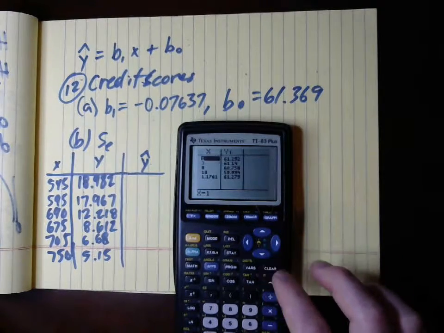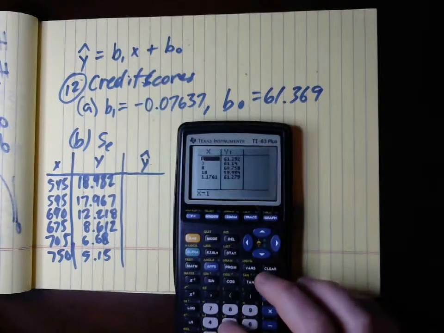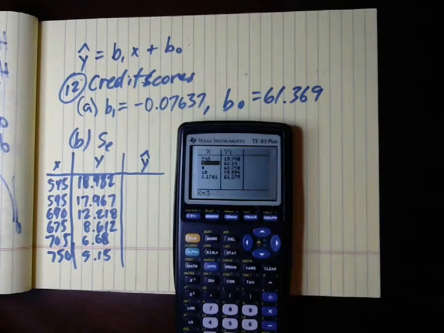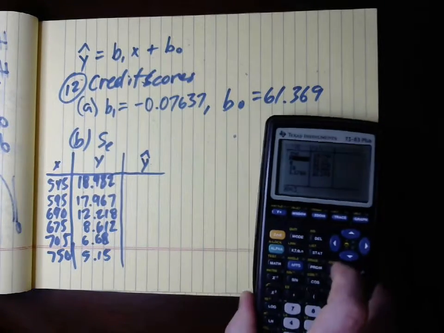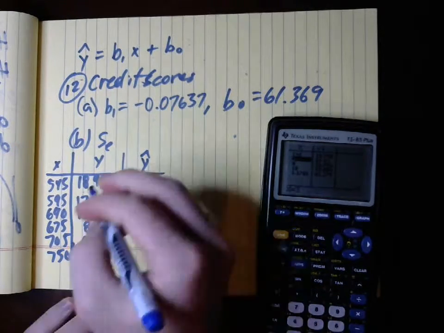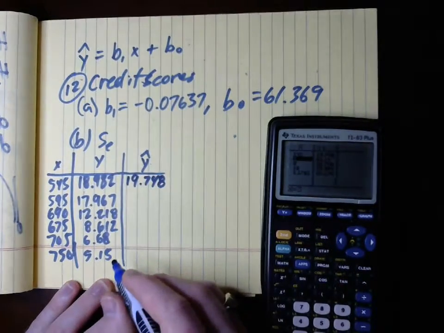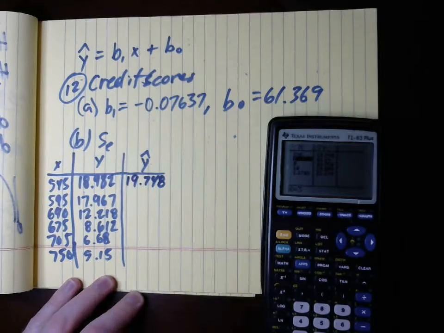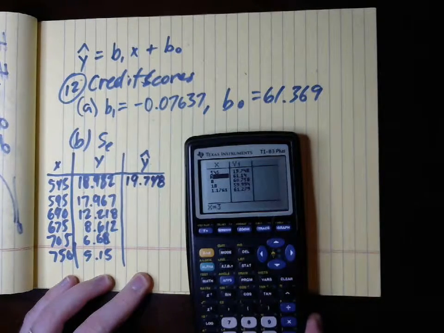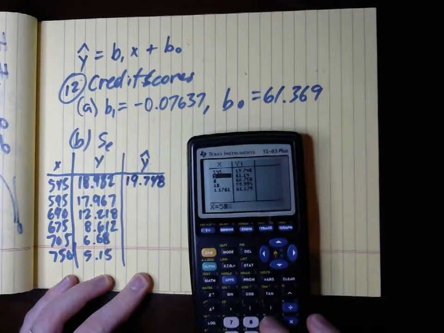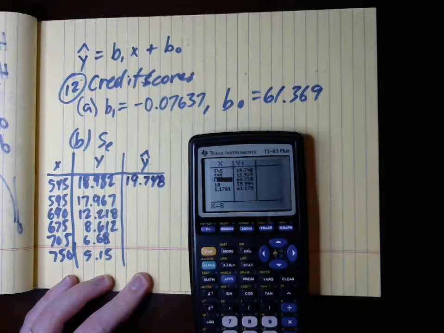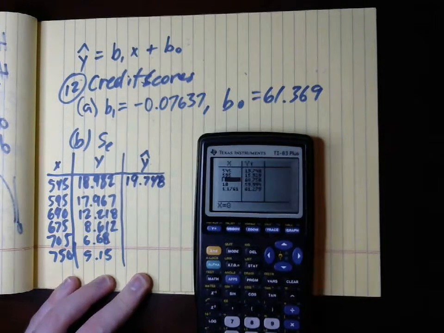Table, and now I want to enter the certain values that I want in, so that's 545 would be the first one, and that would be 19.748. And then we want to do 595, and 595 gives us 15.929.